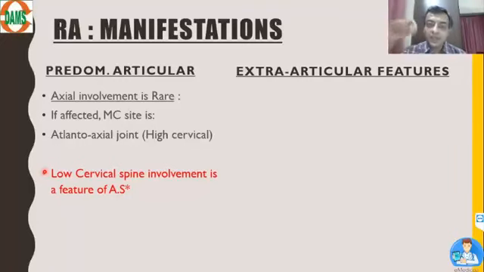Same way, inflammatory polyarthritis can be most commonly rheumatoid arthritis, but the differential diagnosis is one of the SPA, spondyloarthropathy. That's why wherever necessary, we are highlighting the differences between RA and SPA. So if low cervical is affected, we are going to think of ankylosing spondylitis rather than RA.